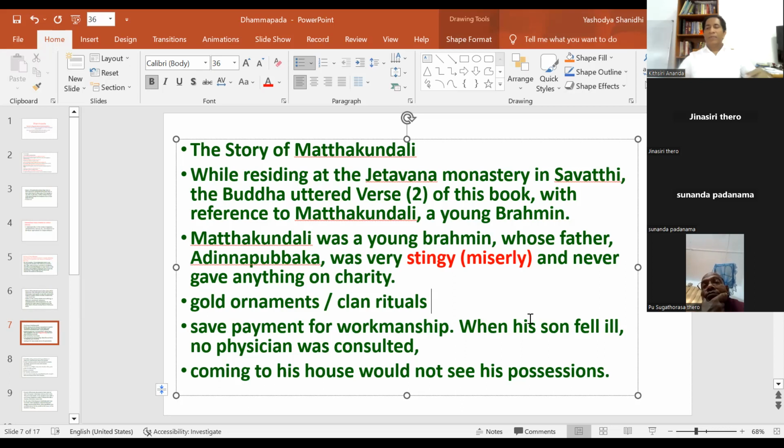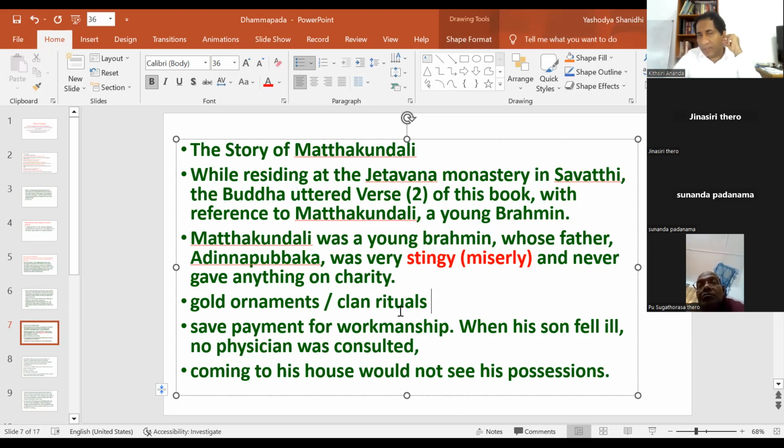Finally he wanted to consult a doctor only when the situation worsened. Then he thought that if they come inside the house, they might see my wealth, and kept the patient outside the house on the veranda. So that's how he acted.